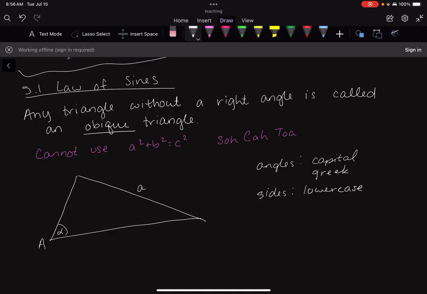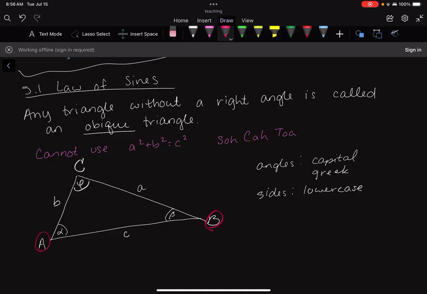You should always have A across from A. We'll have B across from B, so I'll put B over here. B could also be beta, and it should be across from side B. And then lastly, we can have a side C. In Greek letters, we would call this gamma, and it should be across from side C. Again, you don't have to put A right here.